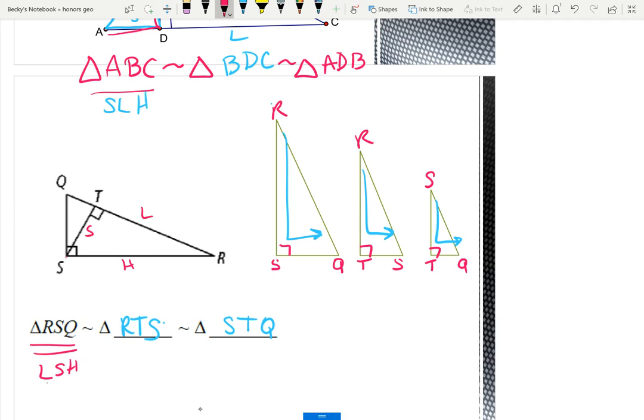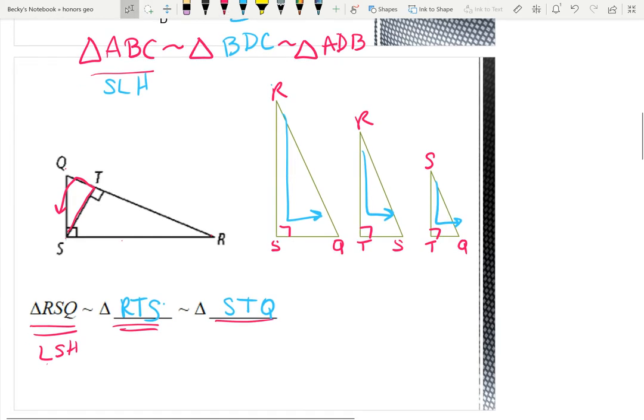So if I go in long, short, hypotenuse order, go down the long, then the short, then the hypotenuse. So R to T to S. And if you notice, that's exactly what I have. And you would do the same for the last one. Look at the baby triangle. Down the long, then the short, and then back home on the hypotenuse. So S, T, Q. All right, so you guys pick a method. The order matters.